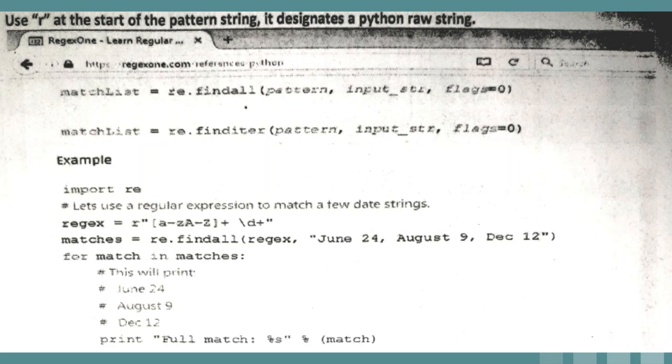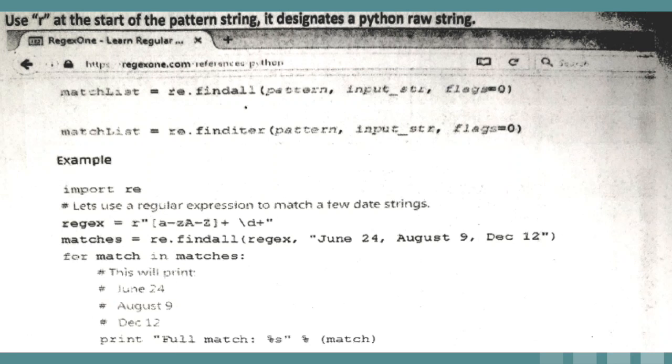After plus we have a space. So our pattern is: first the text which contains any character, after the text a space, and after the space we want the digits. So space slash d we have provided, and then after slash d plus, which means after the digits it can contain any string.